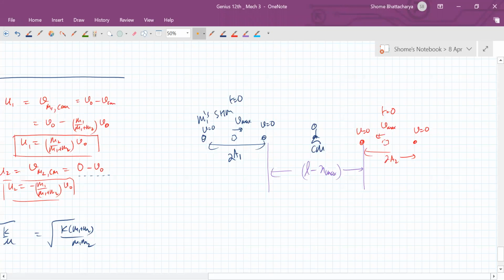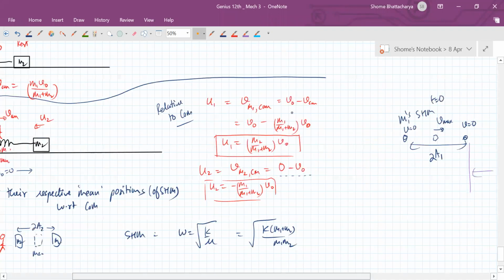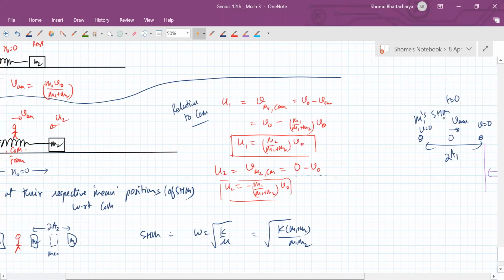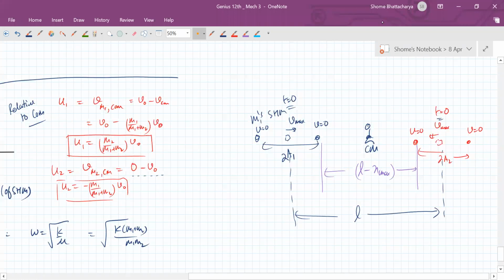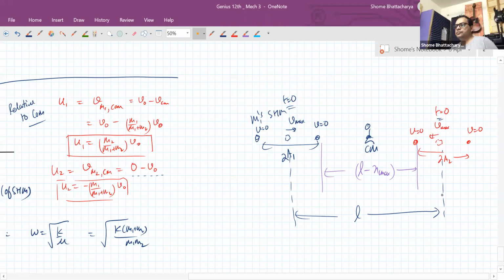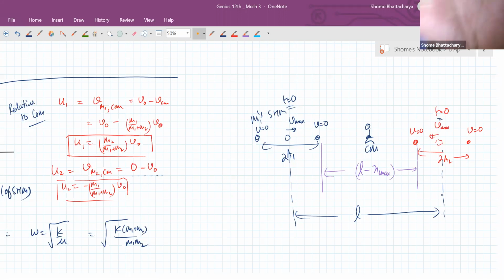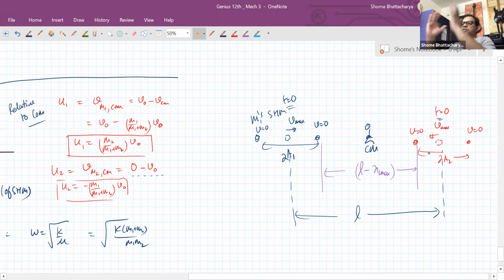Okay, so the SHM has started from the mean position, such that when they were both at the mean position, their speeds were maximum, and this distance was L. So with respect to center of mass, they are doing this back and forth.